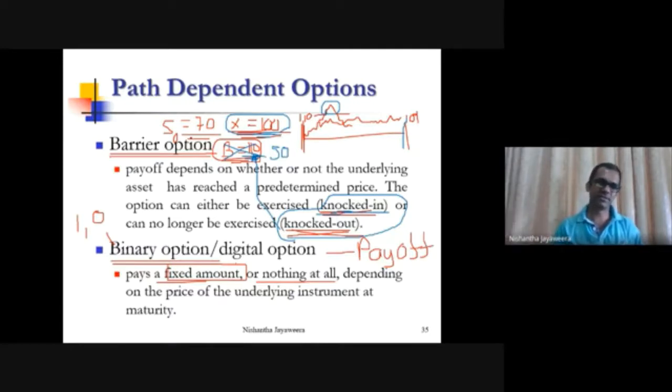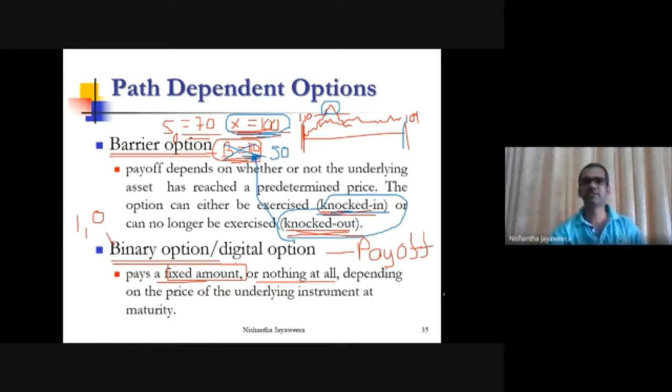There can be combinations or more complex arrangements. But basically, if it is a knocked-in condition, before your option becomes effective, that level should be traded. If it is a knocked out, if that level is traded, your option becomes ineffective, no longer valid.